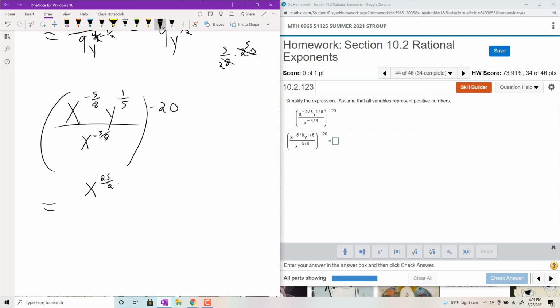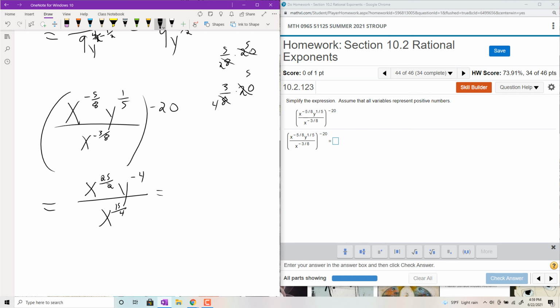Then y to the negative 4 over x to the 3/8 times 20, so this would be 5, 4, so 15 fourths.